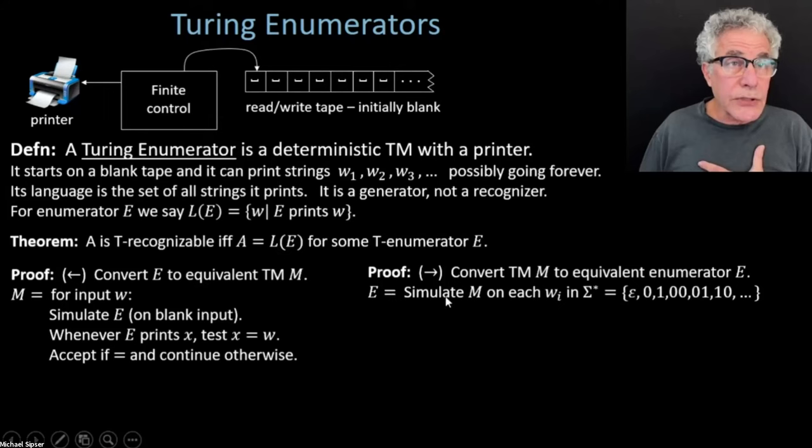Let's just say it does it sequentially. It runs M on the empty string, it runs it on the string 0, on the string 1, on the string 00. These are all the possible strings in Sigma star.